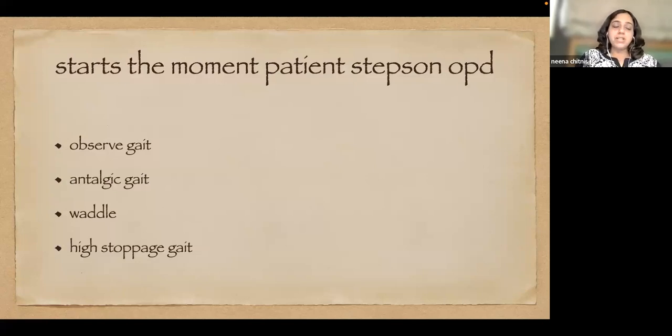If your patient is walking with a waddle, so you must have seen many of the older females coming, walking exactly with a waddle. Most of the time, they have either proximal muscle weakness or a knee issue. Generally, it is osteoarthritis. If the patient comes with a high steppage gait, he could be having a foot drop.